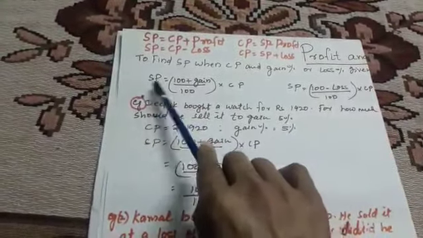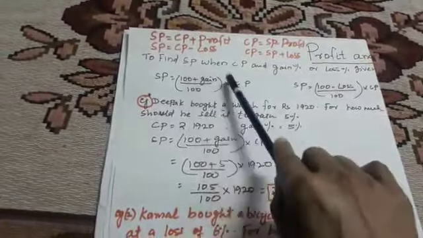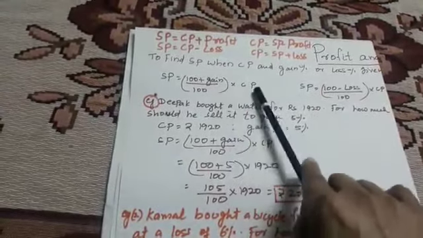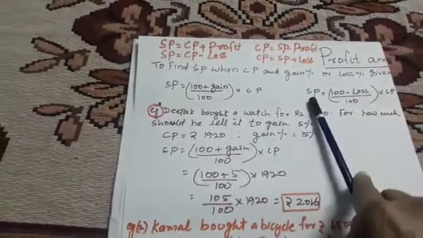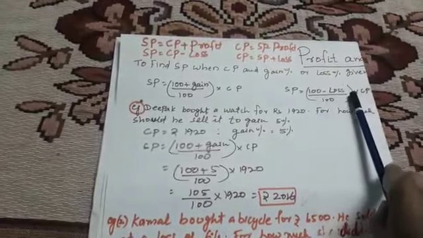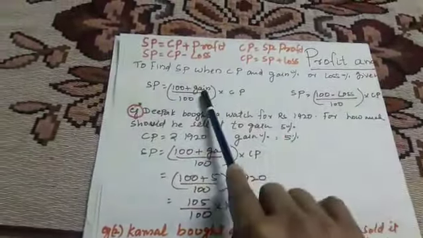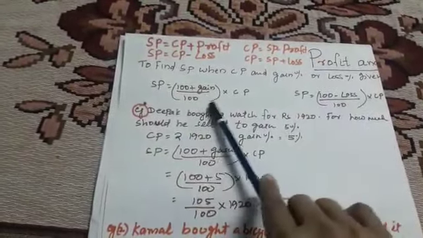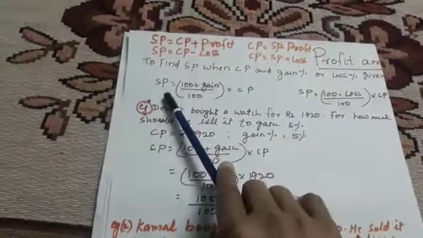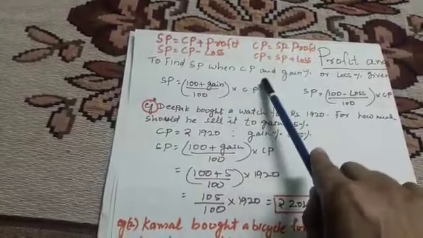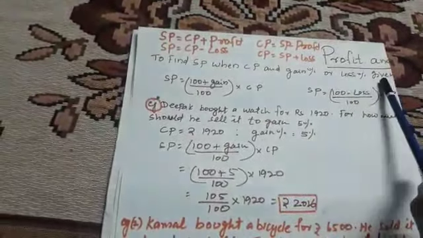That is SP equals (100 plus gain) upon 100 into CP, or SP equals (100 minus loss) upon 100 into CP. These are the formulas that you are going to apply when you have to find out SP and CP and gain or loss percentage is given to you.